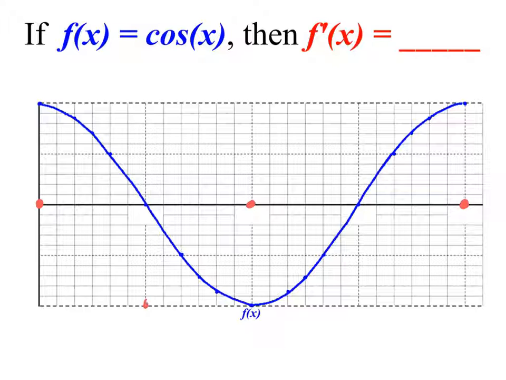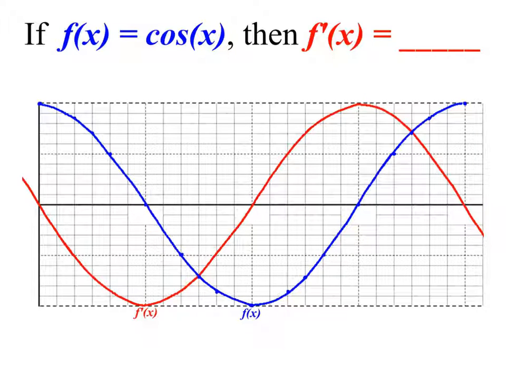And so it's going to be down here. And then the slope over here is positive. If I sketch in that graph of my derivative then, this is what I'm looking at. What is this graph? This red graph up here that is our derivative, what equation represents that graph? Yep, it is negative sine.